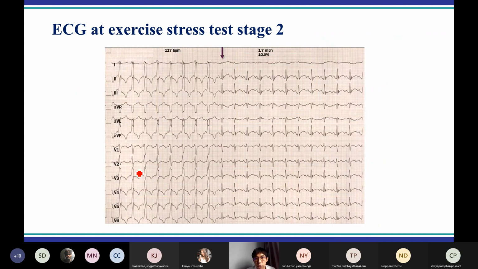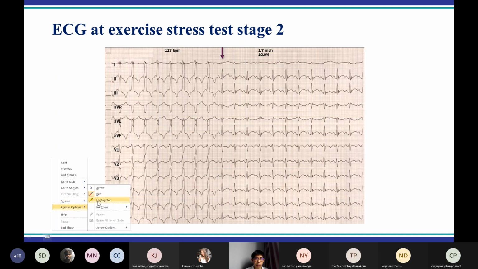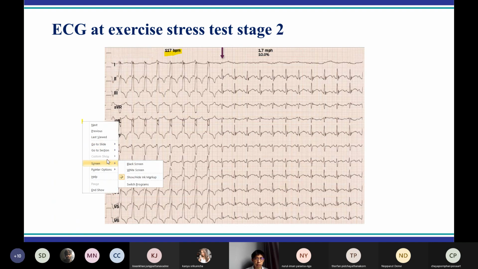So this is a patient when the heart rate is around 117 beats per minute. Here, there is pre-excitation. You can see it clearly. There is a short PR interval, and there is also a delta wave.